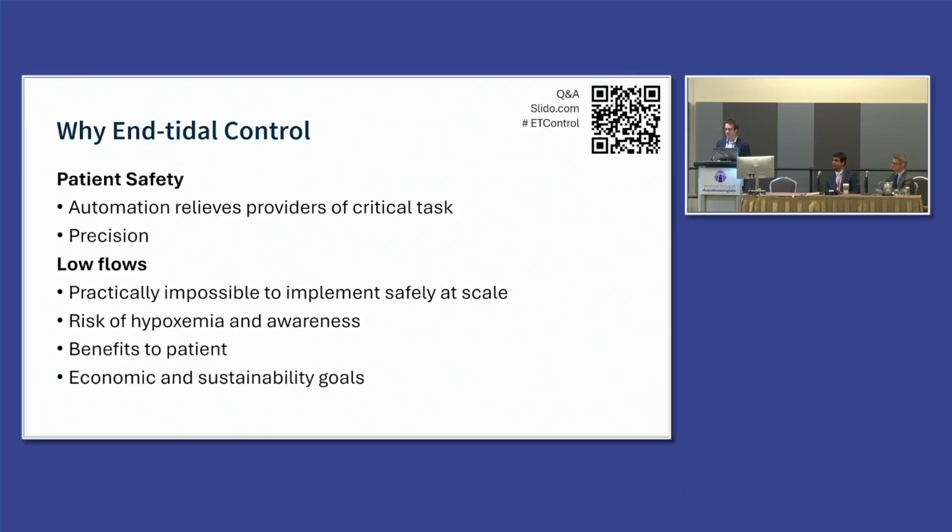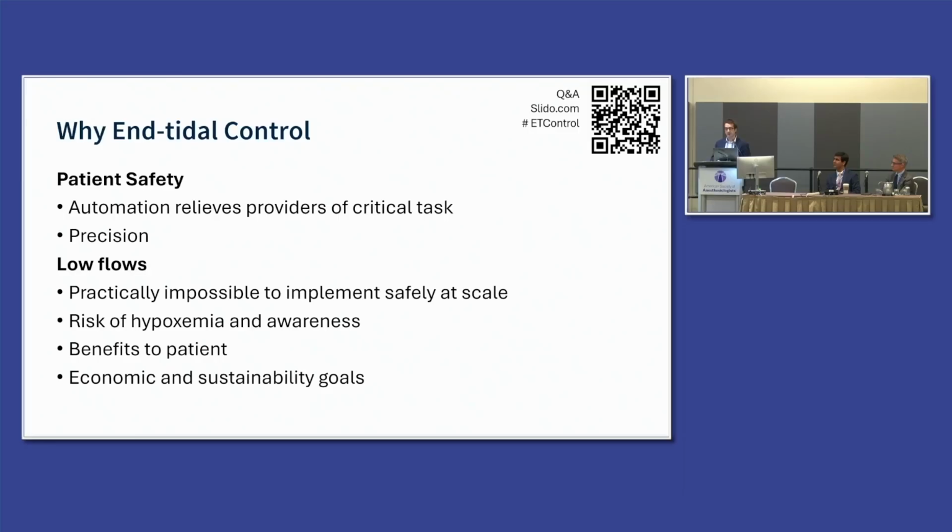And really, for me, entitled control is about patient safety. It automates one critical task. It's not possible to get a hypoxemic gas mixture if entitled control is turned on. The entitled SIVO concentration won't drift around. It will be precise. It will be exactly where you set it. If you set it at the wrong target, it will achieve that target.